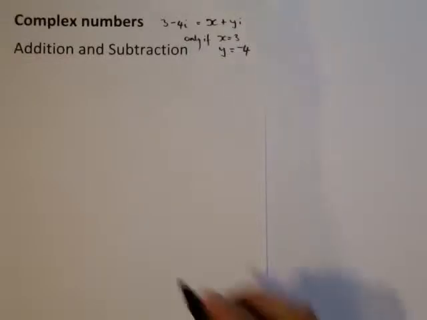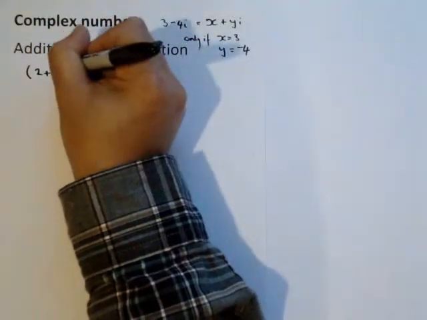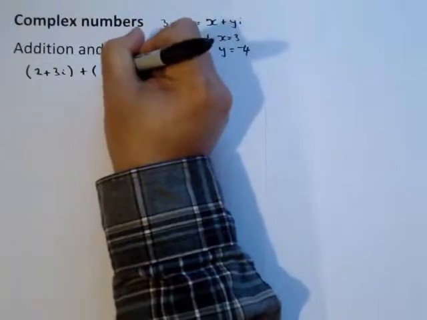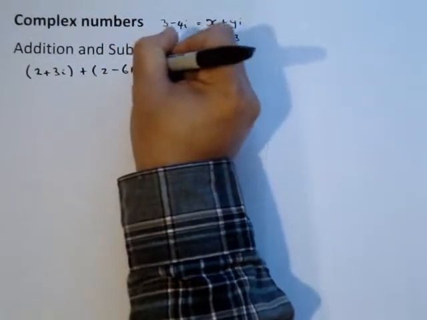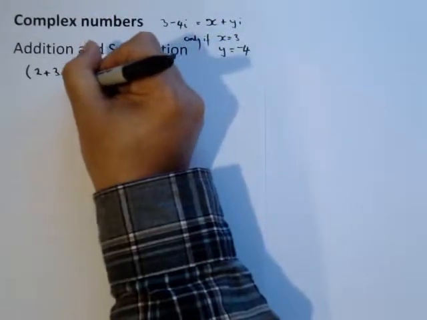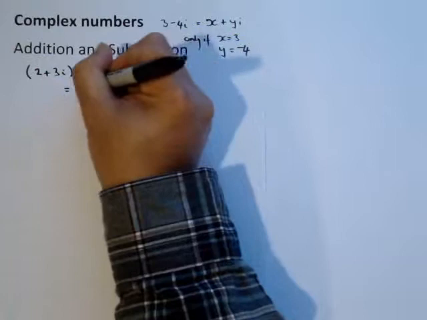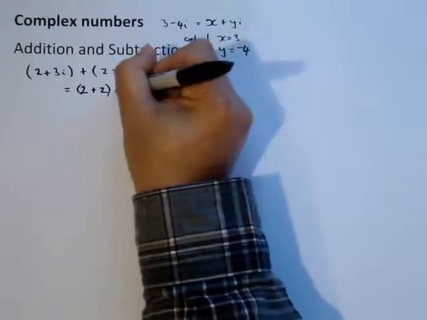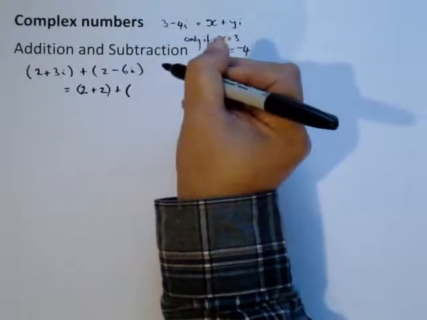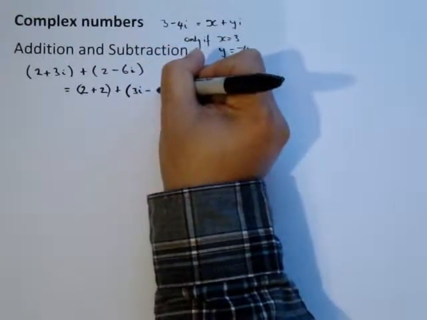For example, if we had 2 plus 3i plus 2 minus 6i. So this then would become the real numbers added together, 2 plus 2, and then plus the imaginary numbers added together, which is 3i minus 6i.